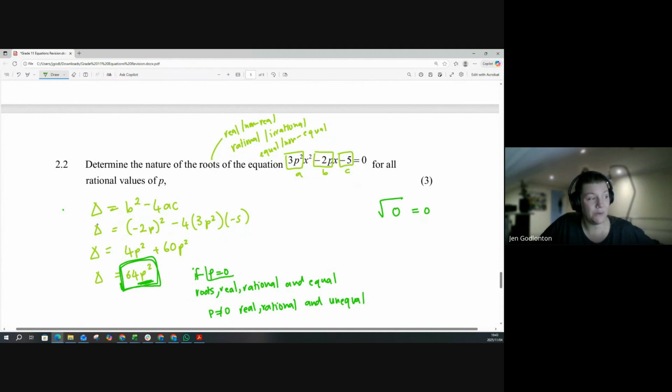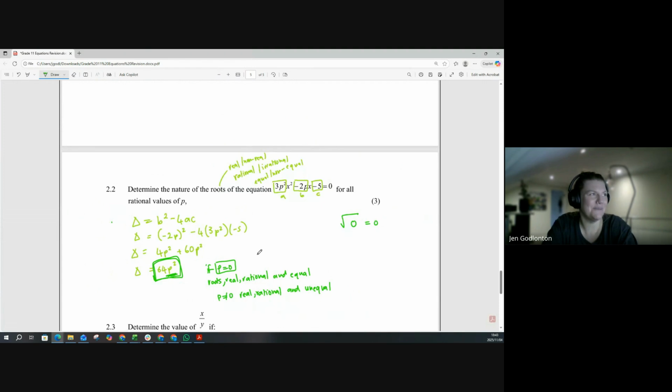If P was 0, it would be 64 times 0 squared, which would just be 0. So the square root of 0 is 0. Then my roots would be real, rational, and equal. But if P is not equal to 0, then they're going to be real and unequal. Yes? No? Sad? Happy? Yeah.